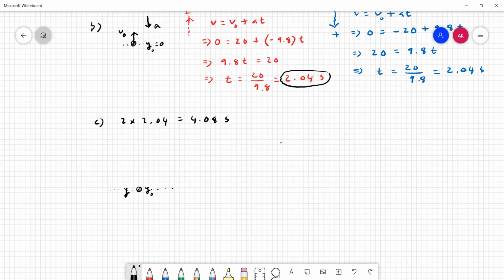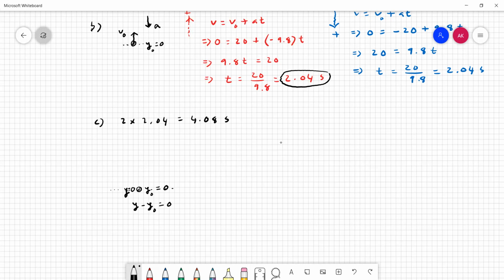Because the initial position, suppose we call it 0, and if the ball comes back to the same point, then that ground position is also 0. So y minus y naught is equal to 0. The displacement of the ball is 0. However, the distance traveled by the ball is clearly not 0.